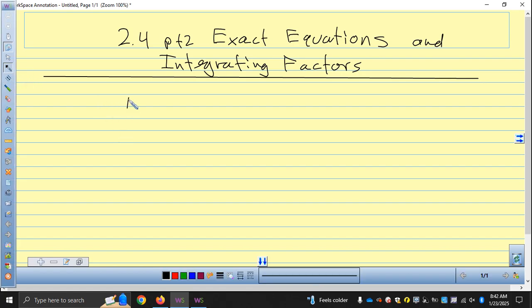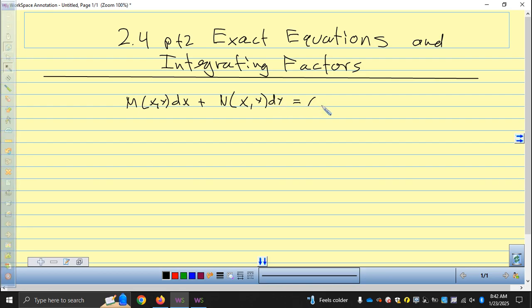We have M of x,y dx plus N of x,y dy, and we said that was 0. This is exact if and only if M sub y equals N sub x. And that was a result of the equality of mixed partials.